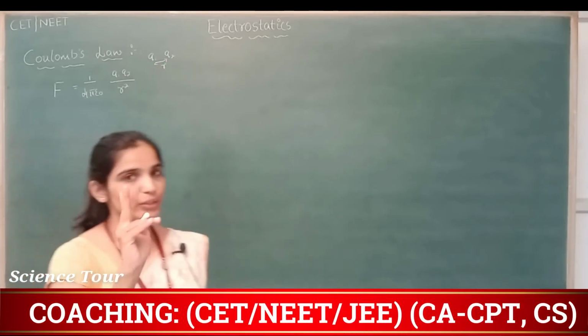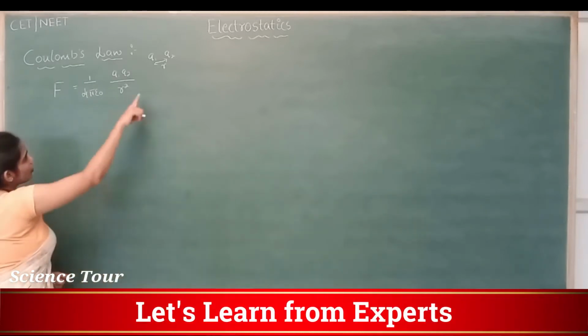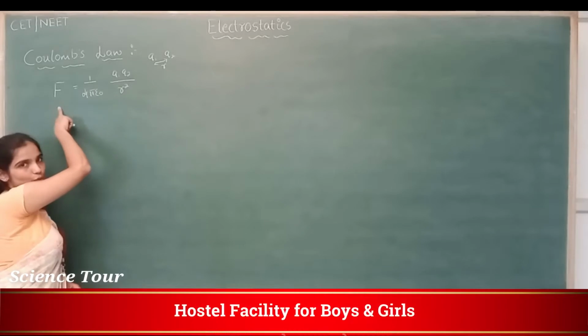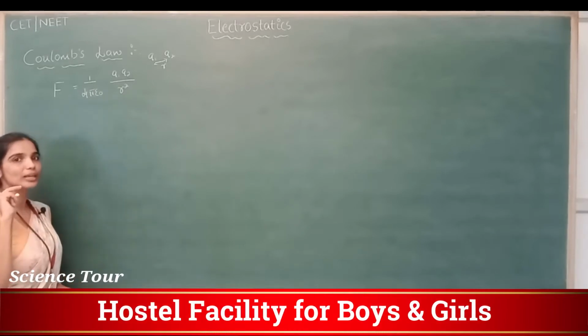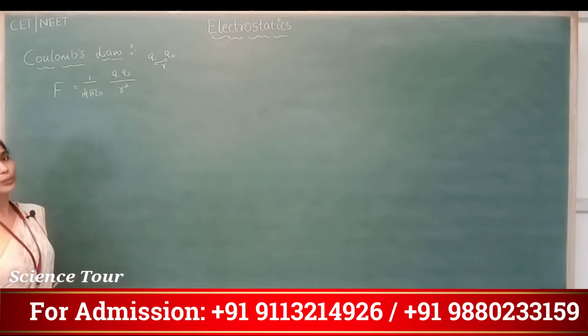Two charges Q1 and Q2 separated by distance R, then the electrostatic force, either attraction or repulsion, is 1 by 4 pi epsilon naught Q1 into Q2 divided by R square.